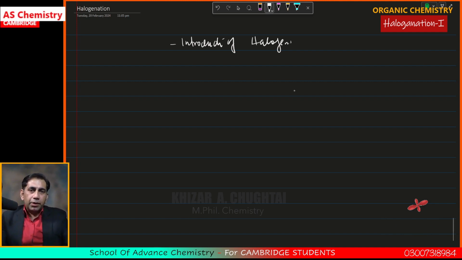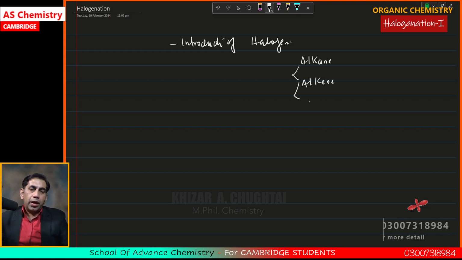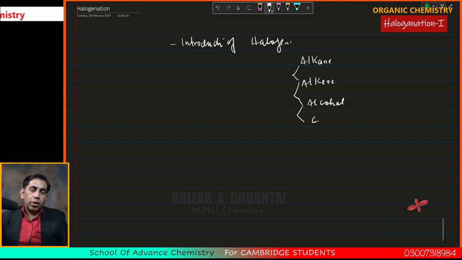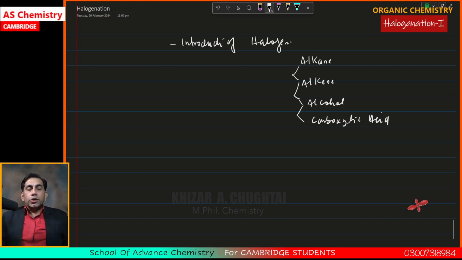To alkanes, in this case especially, and to alkene, and to alcohol, and to carboxylic acid. So we can introduce halogen in these four compounds or homologous series.